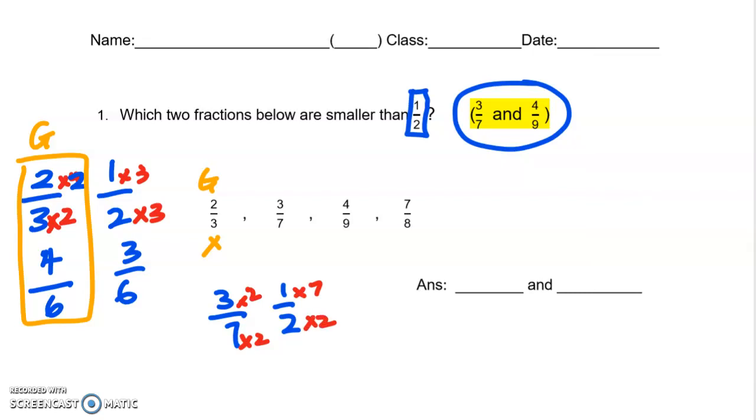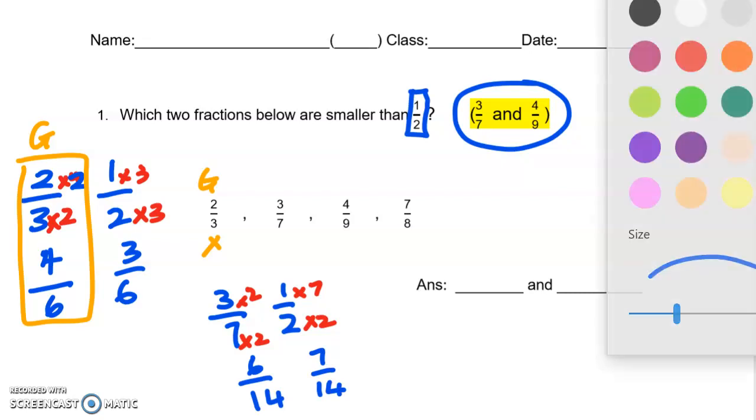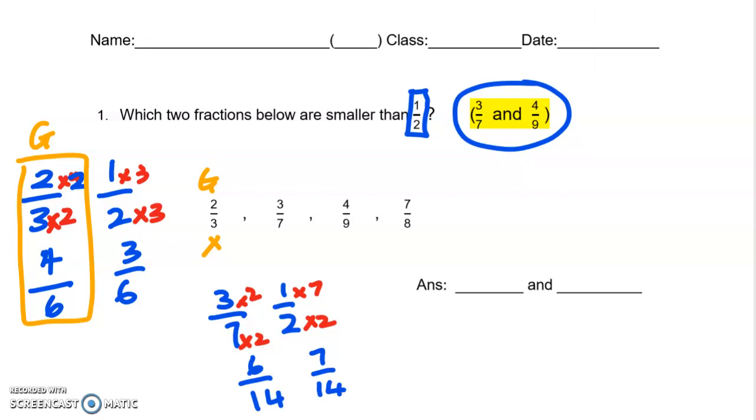And you will get 6 out of 14 and 7 out of 14. So for 3 out of 7, once the denominators are the same, then you can see that 6 out of 14 is smaller. Okay, so this is smaller.